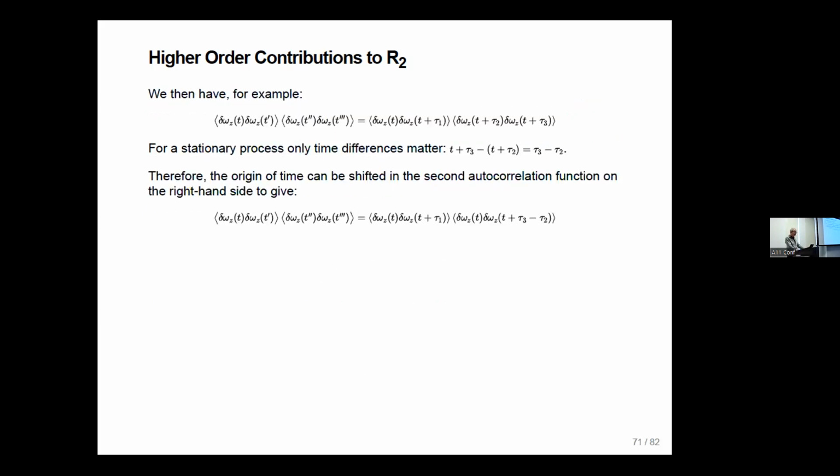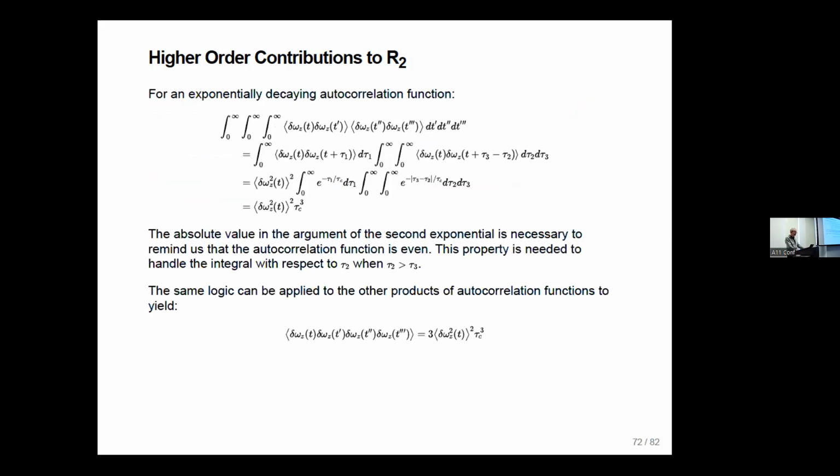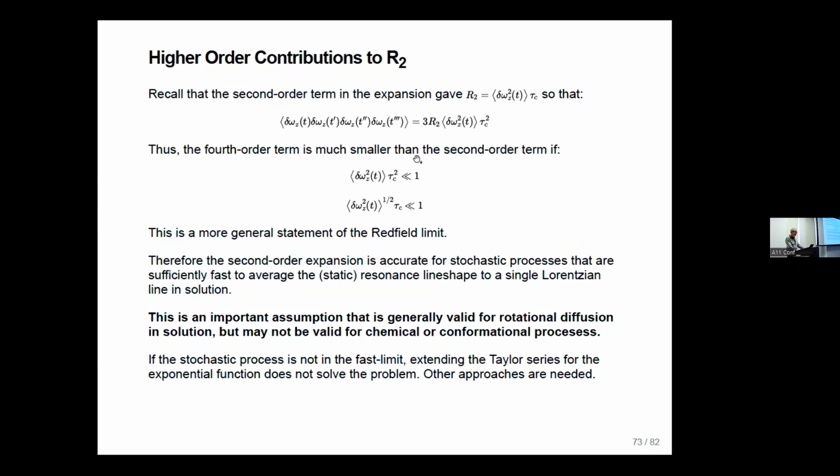And then we can crank through to find out what the consequence would be when we do this integral. And again, if we have a single exponential decay, I can work out the integral. Here is what the integral ends up giving. I do this for all of the different products. I get a result.